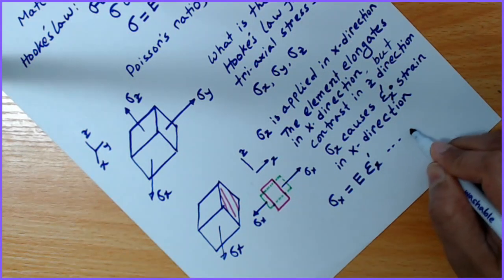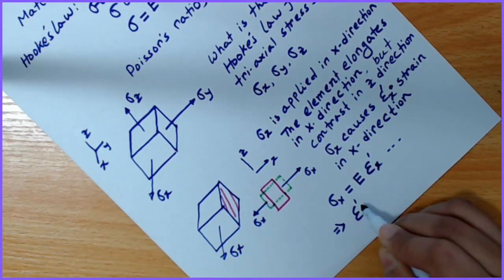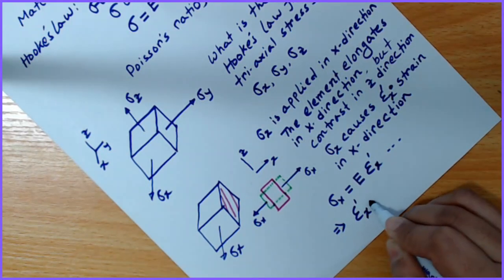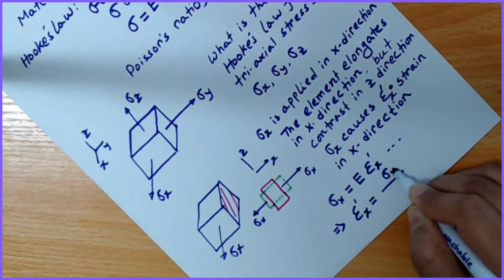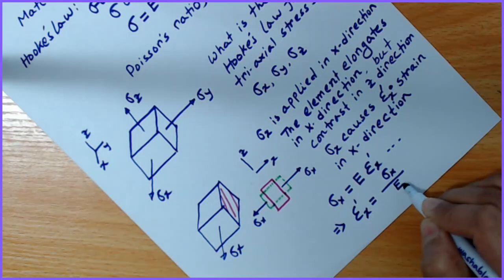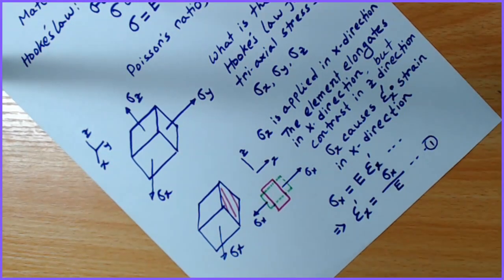If we rearrange this, epsilon prime x equals sigma x divided by E. This is our equation number 1.